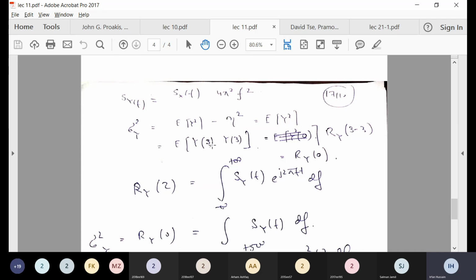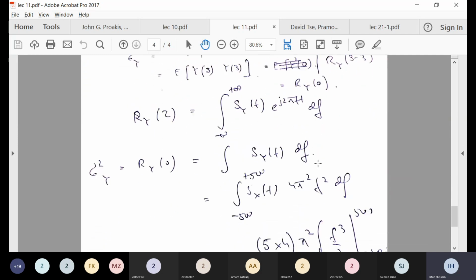Let us say it was working at y of 3; it could be any other time slot. So it could be y of 3 into y of 3, because the mean is 0. For a stationary process, this becomes Ry(3 minus 3), or Ry(0). Again, same thing: it is just the sum of the PSD. But what is the PSD?